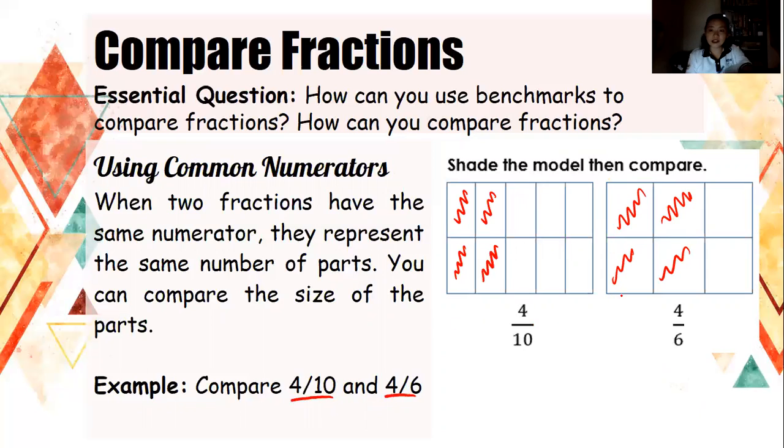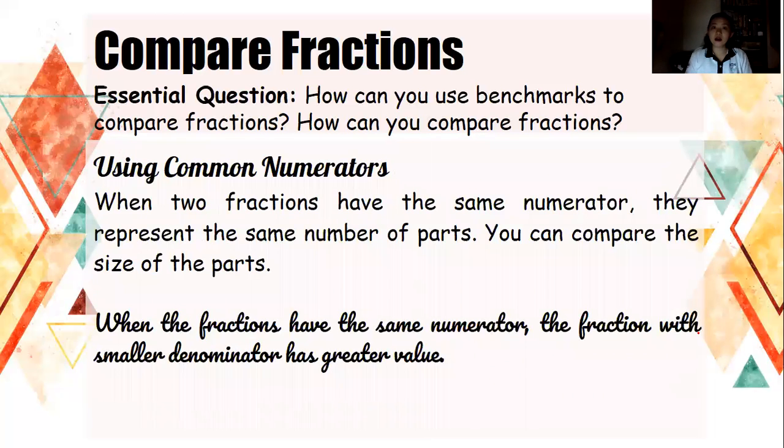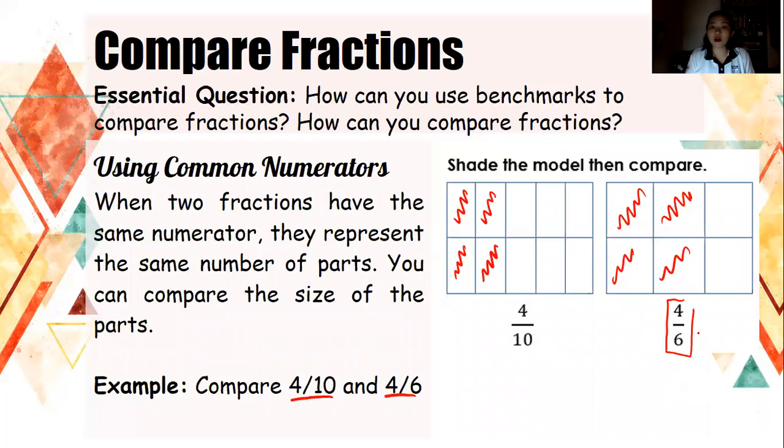Now the correct answer there is 4 out of 6, because though they are the same when it comes to numerator, when the fractions have the same numerator, the fraction with the smaller denominator has greater value. When you think about it, in this example, with 4 over 6, each portion is bigger than the 1/10 which is shown at the left side.